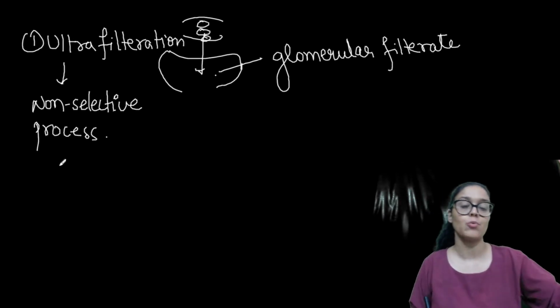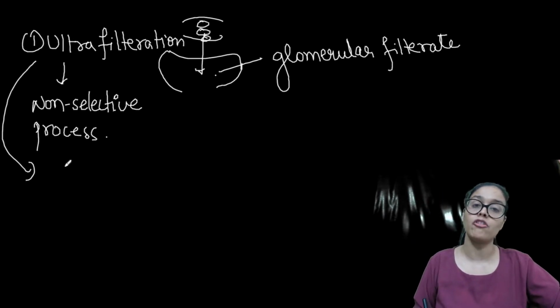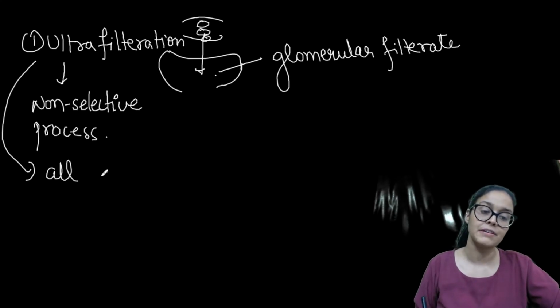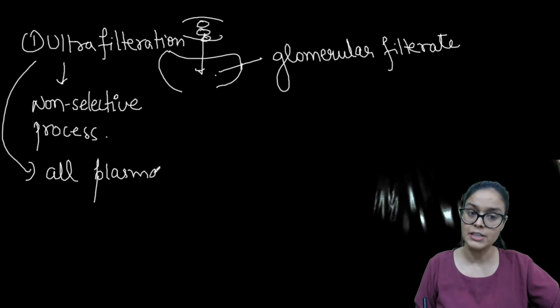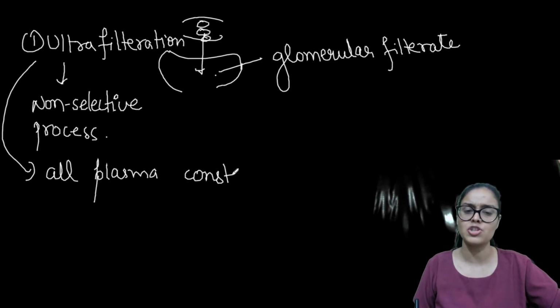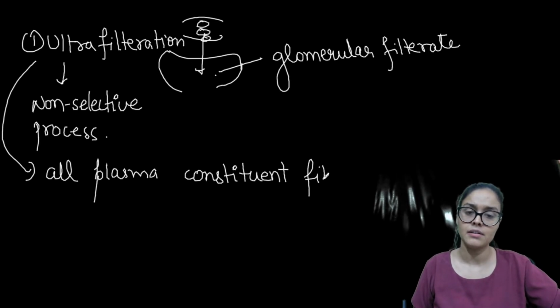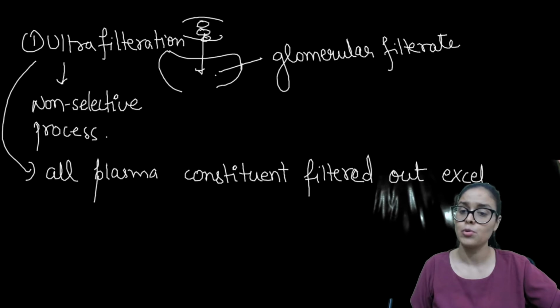During filtration, all the constituents of plasma are filtered out, right? So you can say blood is finally filtered. Almost the whole composition of the plasma is filtered out into the Bowman's capsule space, except protein.